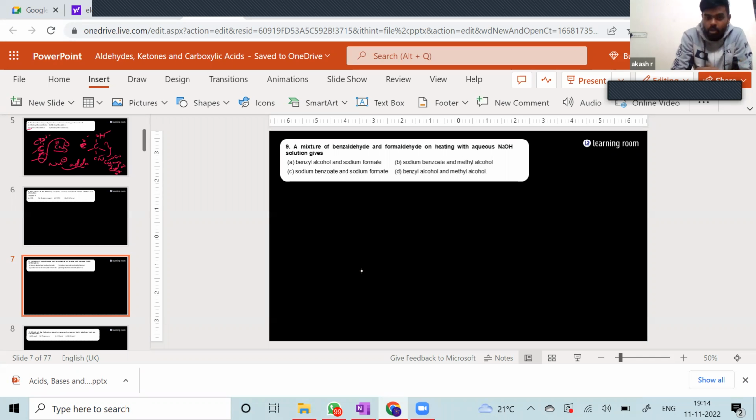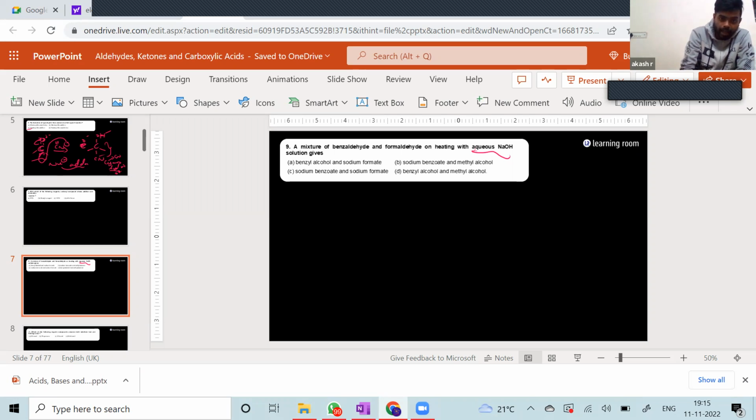Both aldol and Cannizzaro, in both cases, you will use aqueous NaOH only. Both the reagents used are aqueous NaOH only. But how do you decide here? Whether an alpha hydrogen is there or not. Exactly. For aldol condensation, we need to have at least one alpha hydrogen. Whereas for Cannizzaro, we should not have any alpha hydrogen present.